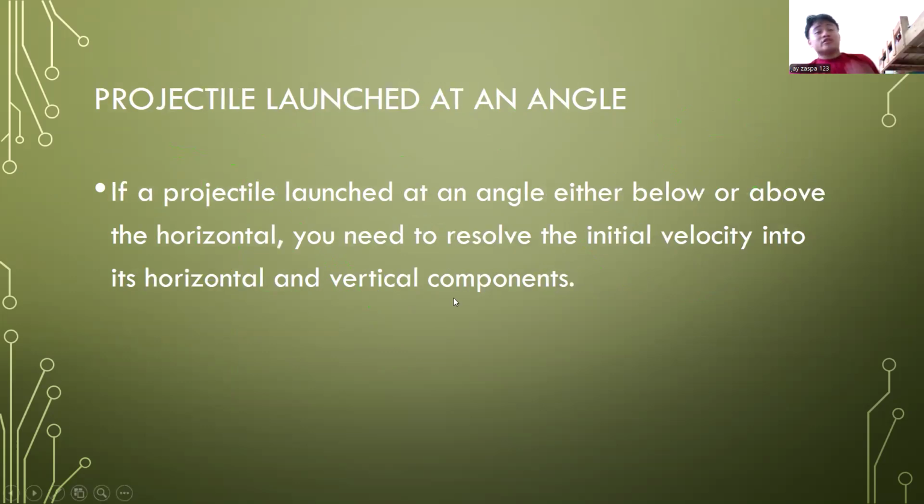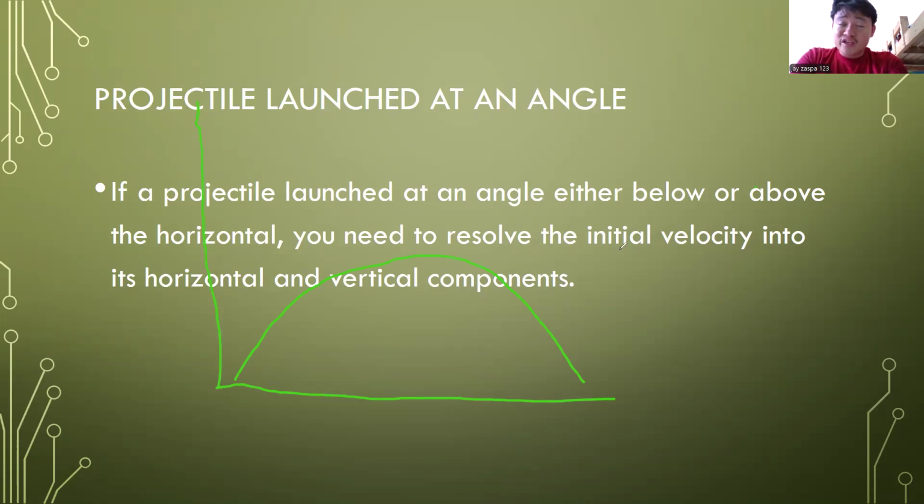So the projectile launched at an angle is a different thing, because earlier in the horizontally thrown projectile there is no angle, but in the projectile launched at an angle, it has an angle. Definitely. So it looks like this: the ball goes up, goes down.